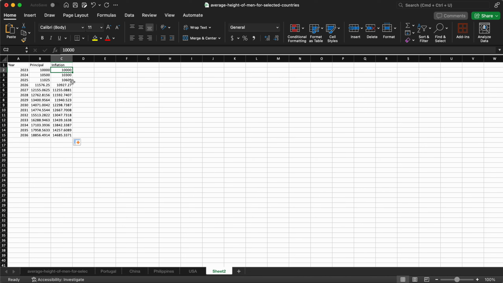Those 10 $1,000 surfboards would now cost you $10,300 in 2024. So your purchasing power has decreased. I know it's kind of counterintuitive because the numbers increased, but what you could have bought for $10,000 in 2023 now costs you $10,300 in 2024. So the value of your money has decreased.